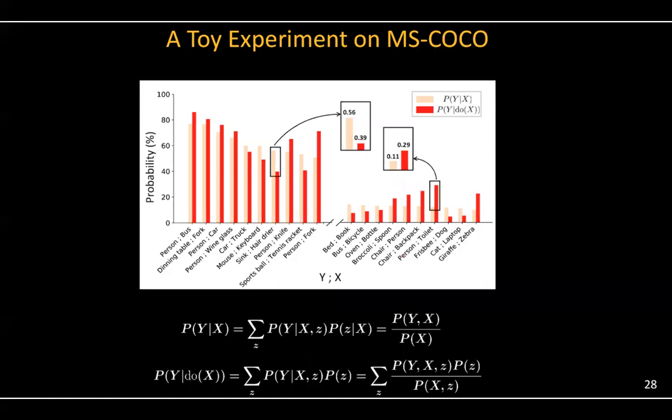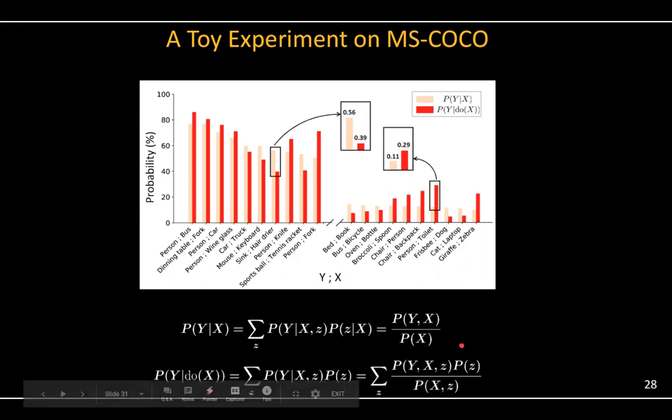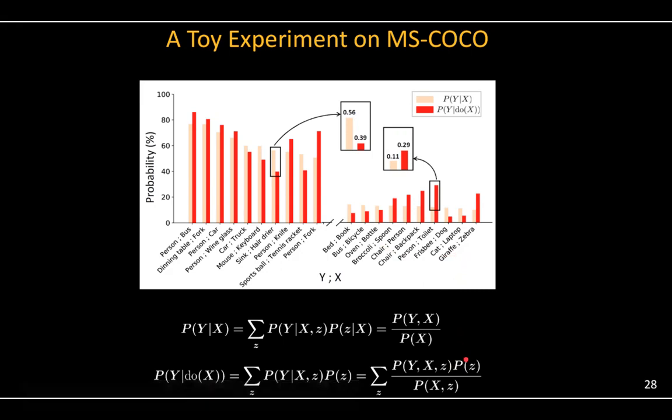What if the image contains two objects? I feel that's okay. The P(Z) will be some marginal distribution of Z. It looks like the summation of this P(Z) does not equal 1, because just like you said, one image can contain more than one object.